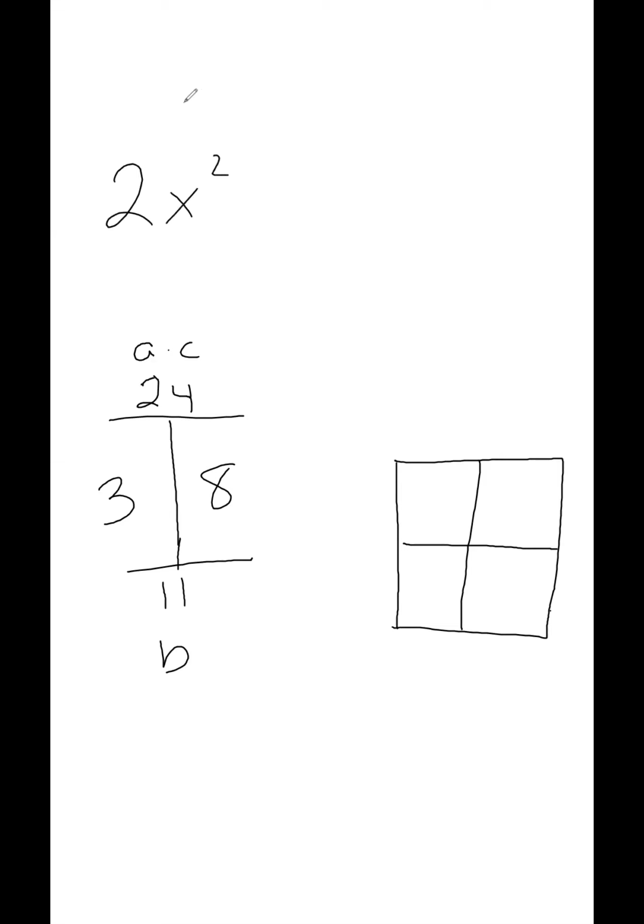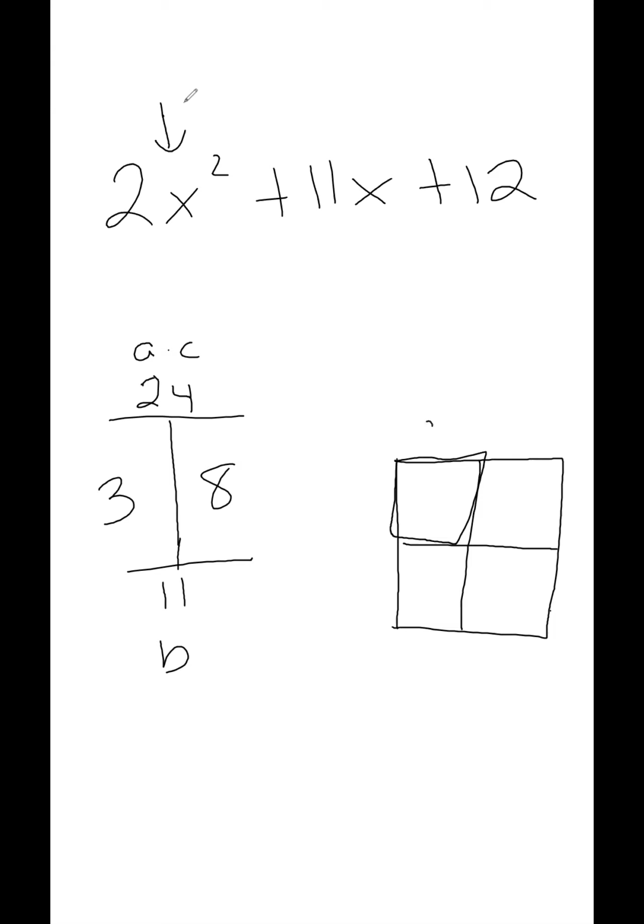We had 2x squared plus 11x plus 12. Okay, so we need to find out what goes where. Remember, this is the reversal. So remember earlier, we had something x squared in this first box right here. Well, if we go look, what's x squared?